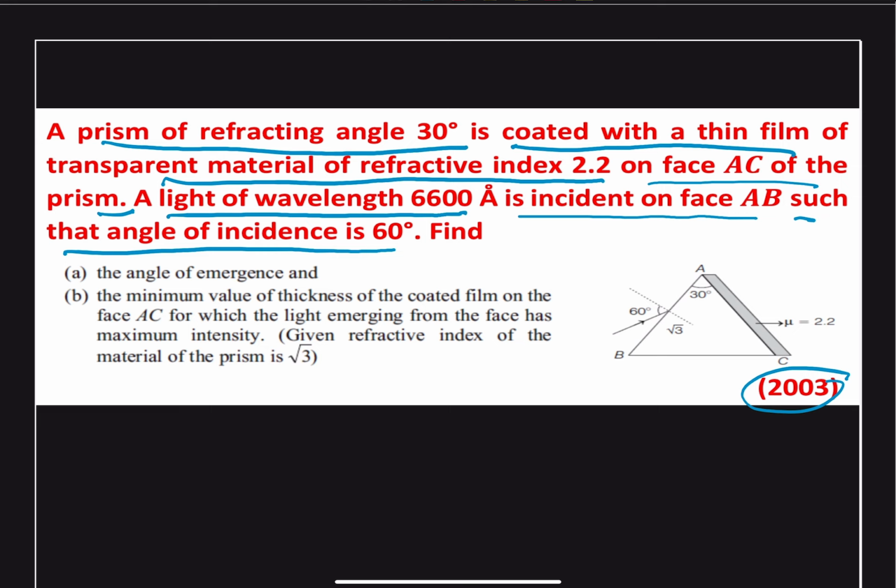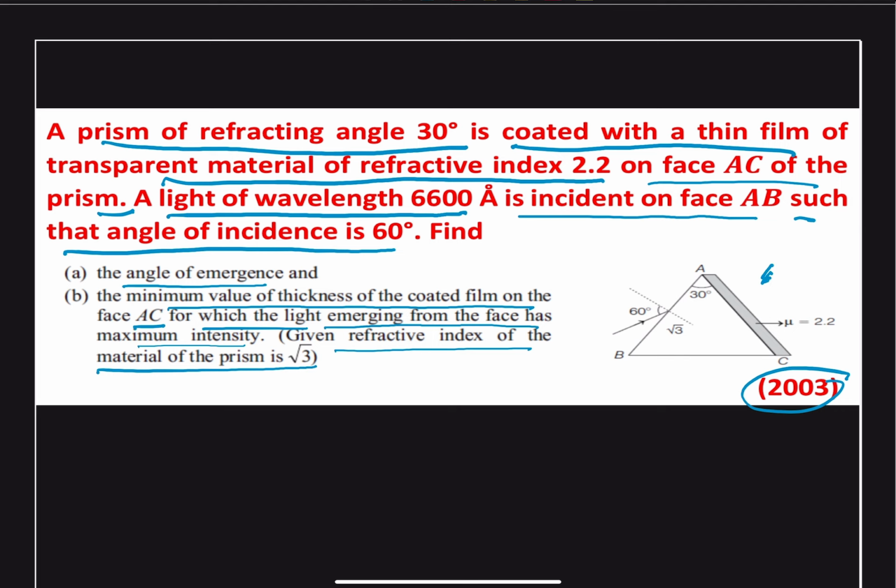First is find the angle of emergence, and part B, the minimum value of thickness of the coated film on the face AC for which the light emerging from the face has a maximum intensity, given refractive index of material of the prism is square root of 3. So this is given as a figure.